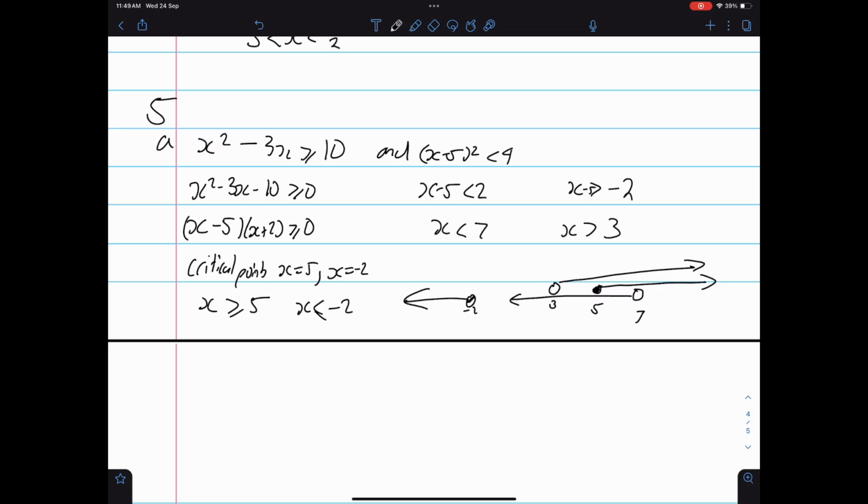And we can see that the only spot where both overlap is between 5 and 7. It can be equal to 5, so 5 less than or equal to x, but it must be less than 7, seen by that hollow dot.